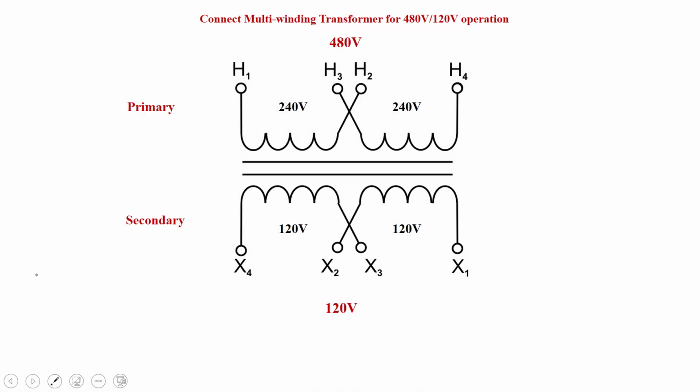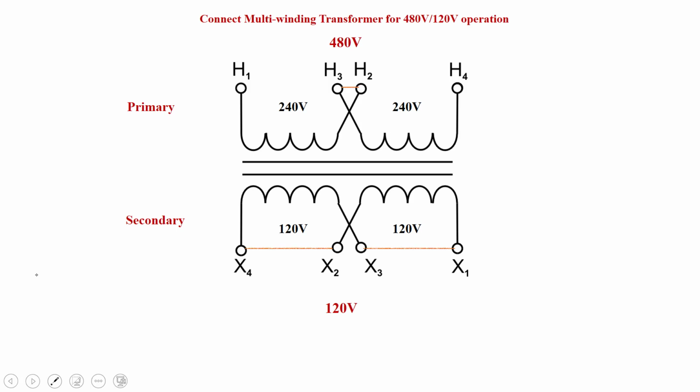Let's try another one. This time you have a 480 volt supply coming in and you want to produce only 120. What's the primary connection on the H windings? Series.